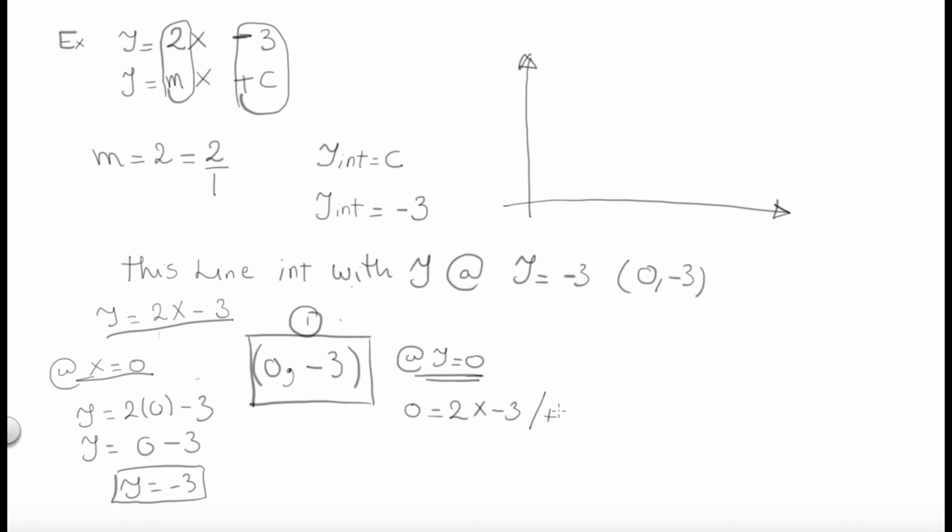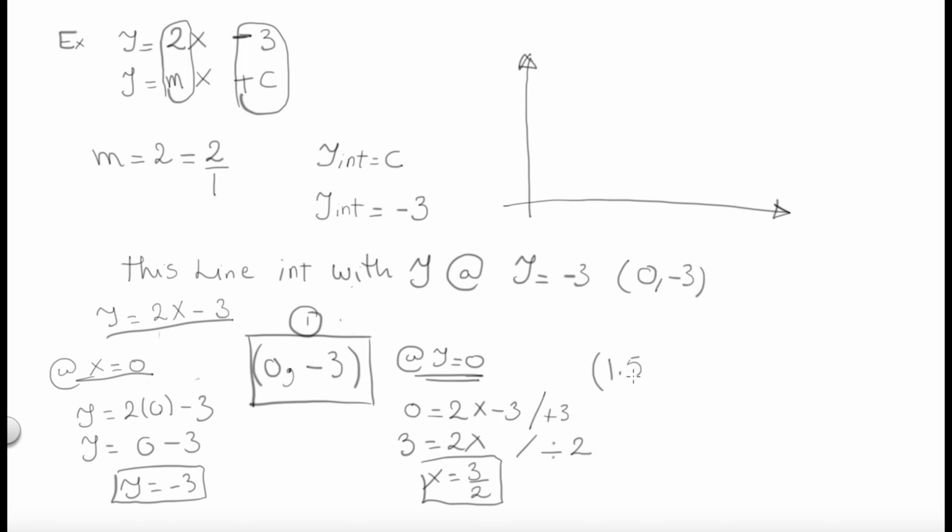Here we will add 3 to both sides. So it will be 3 equals 2x, because minus 3 plus 3 is 0. Here we will divide by 2. So x will equal 3 over 2. So at y is 0, x is equal to 3 over 2, or 1.5.